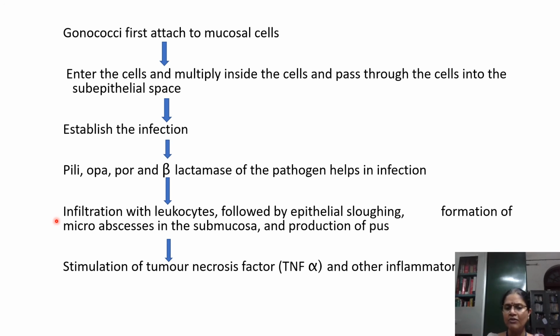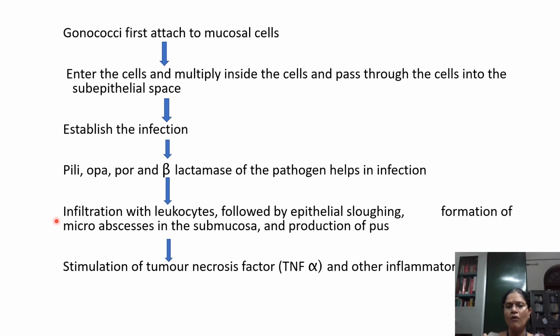It will get activated, and it starts sending a lot of immune cells to this place where the gonococci have established the infection. So there will be an infiltration of leukocytes in this area, and the leukocytes will try to destroy these gonococcal colonies.